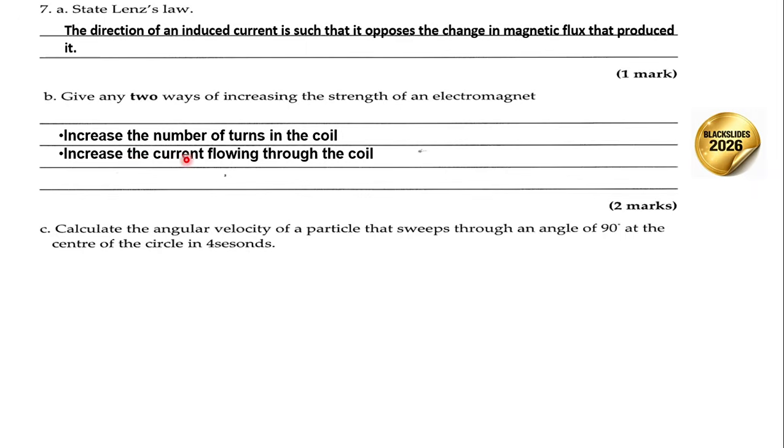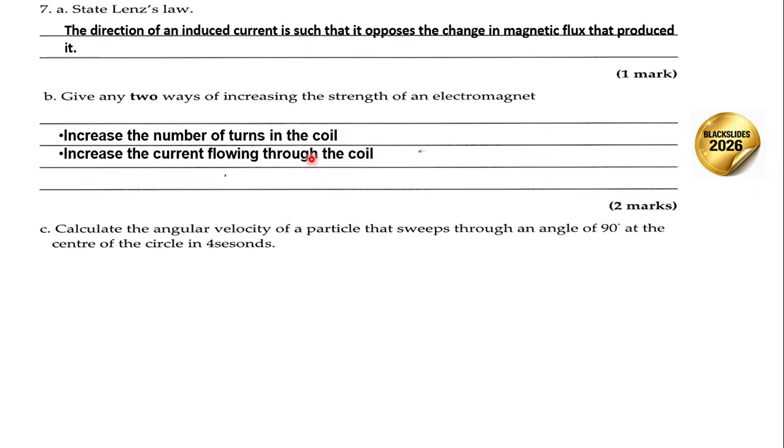Also increase the current flowing through the coil. If you say increase the number of cells, that's not really considered to be it. The target must be to increase the current.